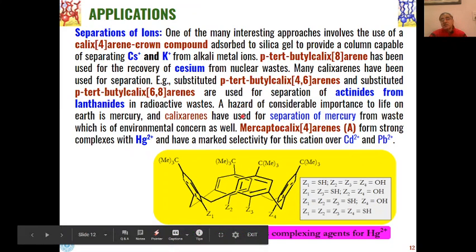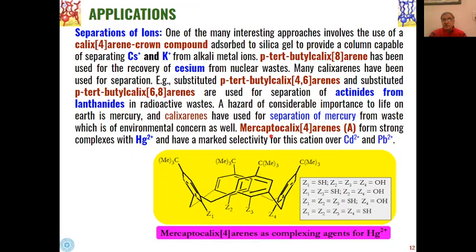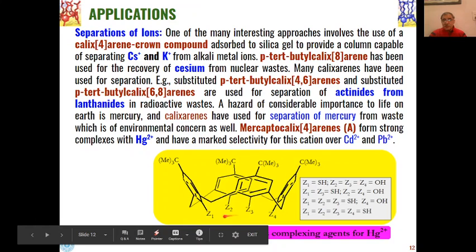Similarly, hazardous mercury has also been separated from the waste by mercaptocalix[4]arenes of this type, where any of these substituents is a thiol moiety SH. So either this Z1 is SH and all others are hydroxyl groups, or Z3 is SH, or both Z1 and Z3 are SH and these two are OH, or all the four can be replaced by SH.